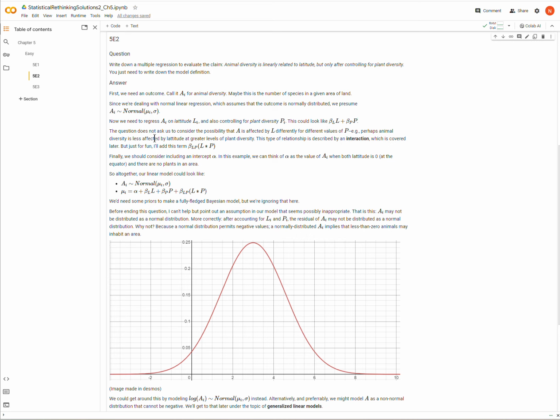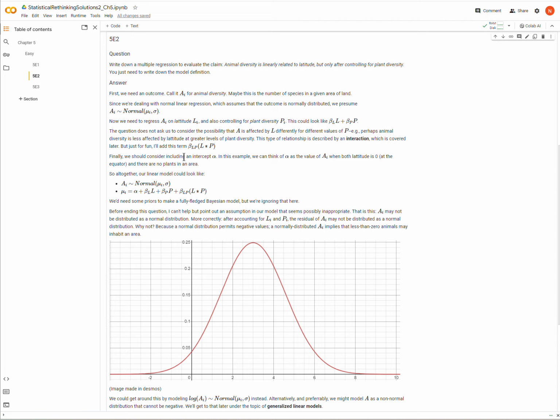Now, finally, the question does not ask us to consider an interaction between L and P. For instance, perhaps animal diversity is affected differently by latitude at different values of plant diversity, right?